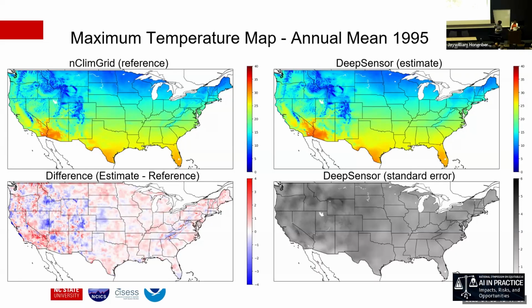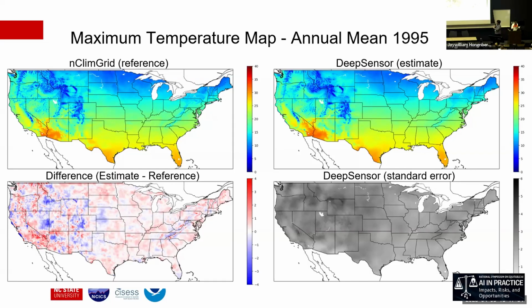You see the spatial pattern is overall consistent in the model output from DeepSensor. However, there are differences in temperature between the official gridded dataset and the model outputs.